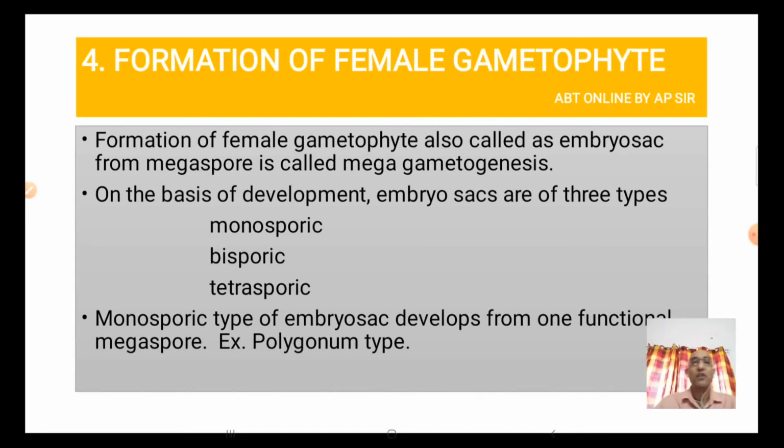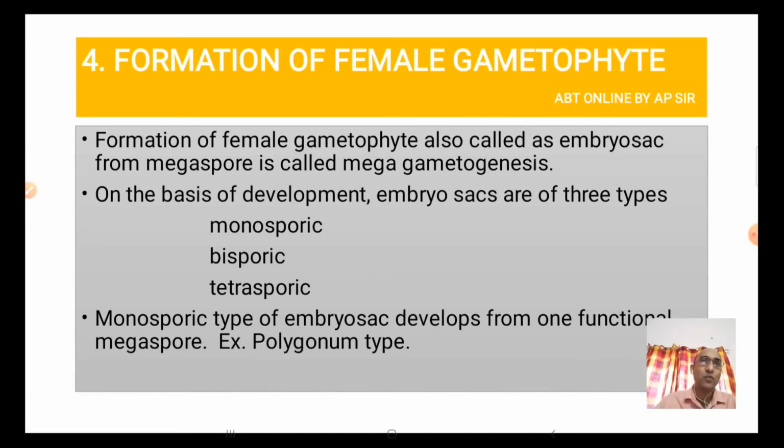The formation of the female gametophyte, also called the embryo sac. This female gametophyte is otherwise known as the embryo sac. The formation of female gametophyte from megaspore is called megagametogenesis, just like microgametogenesis.